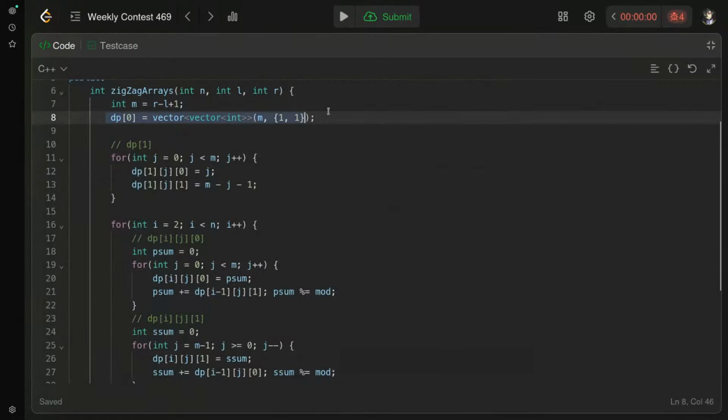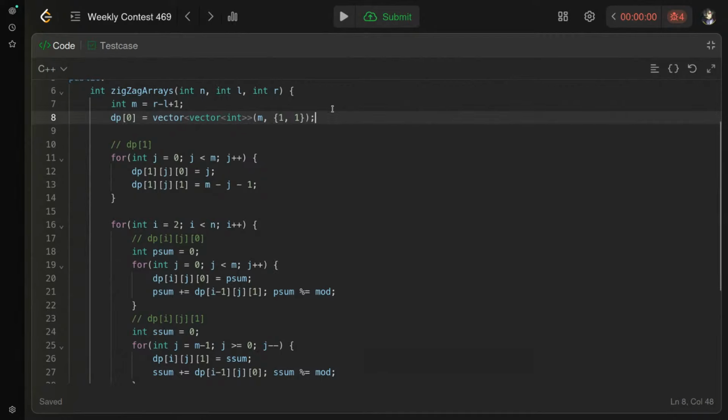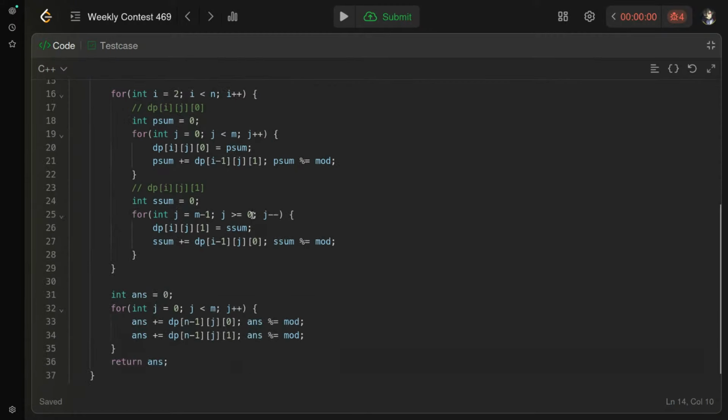Okay. So here I just implement the base case, right? Also the case for DP of 1, I wrote it down manually, although it's not needed. I don't know why I wrote it down manually.